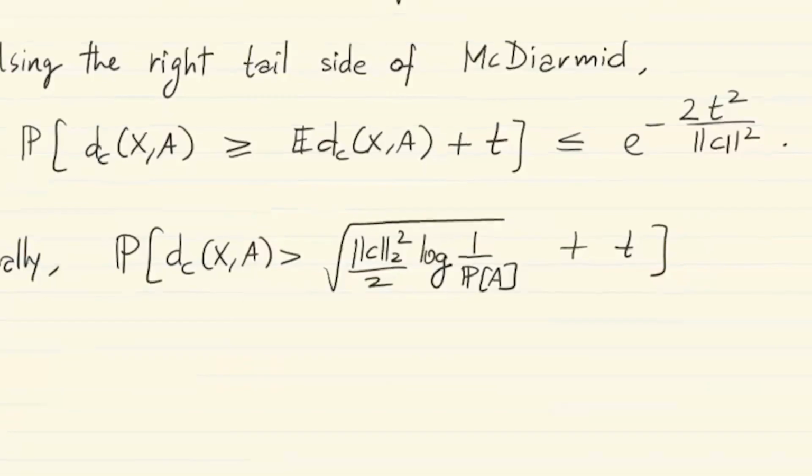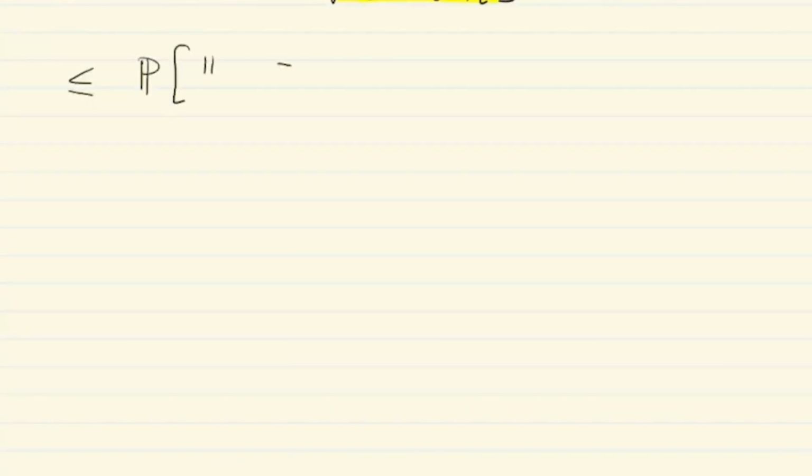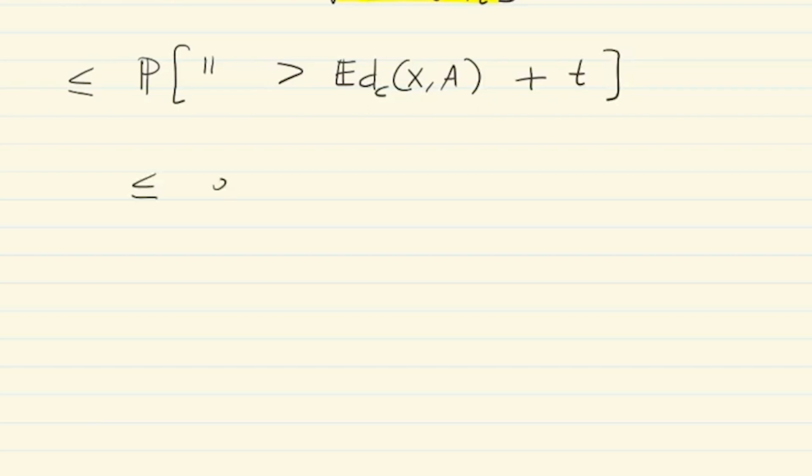We know that this quantity is already an upper bound to the expected value of D_c(X, A). So the probability is upper bounded by whatever you get when you replace the square root term by E[D_c(X, A)], and the right tail bound is exactly what gives us the bound here from McDiarmid, and that completes the proof of this theorem.